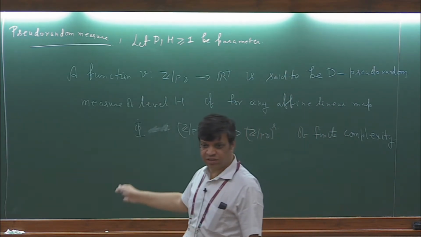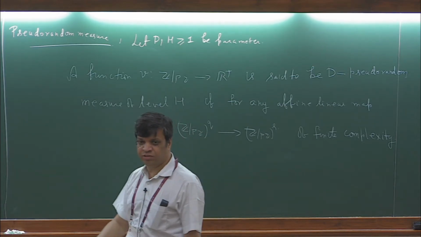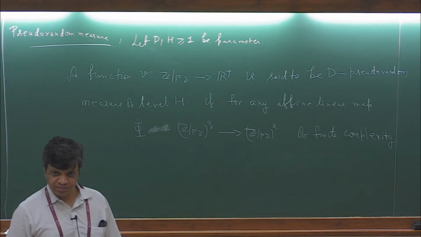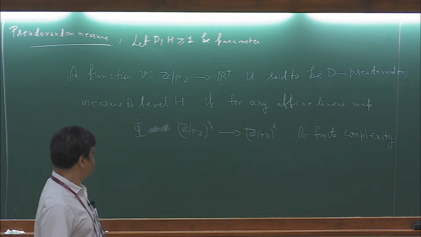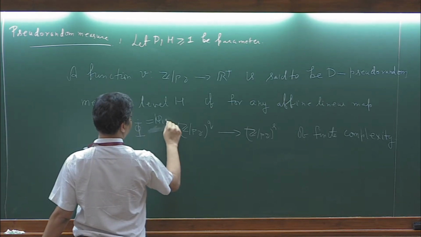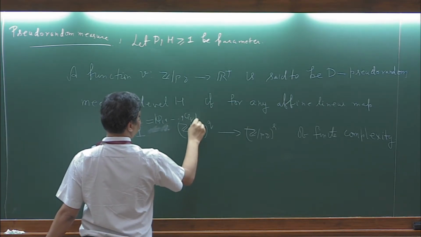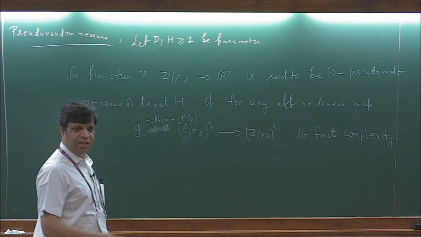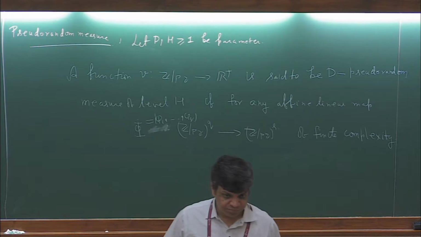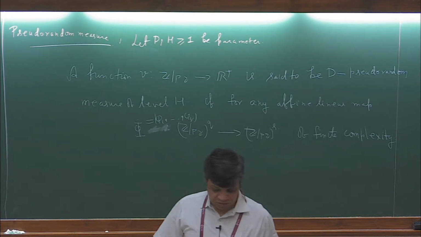Finite complexity means that none of these phi_i and phi_j are linearly dependent on each other. Take any two, this phi is equal to phi_1, ..., phi_q. So any of these phi_q's, their linear parts are linearly independent. Okay?